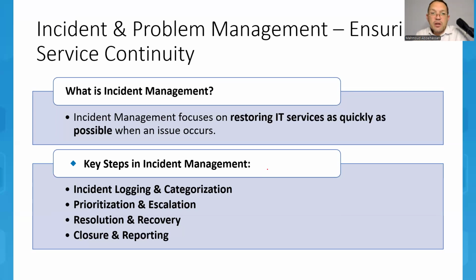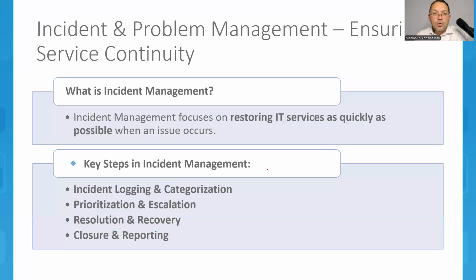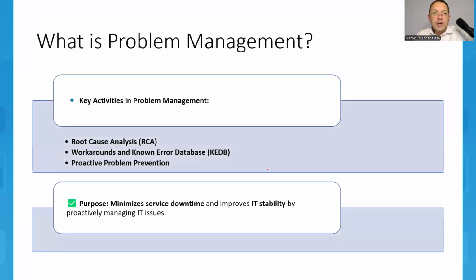The key steps in incident management: the first step is to log and categorize the incident, prioritize it, and escalate if necessary, if we didn't get the response time already documented in the service level agreement. We also take the necessary steps to resolve the incident and recover the service, then close and report the incident.